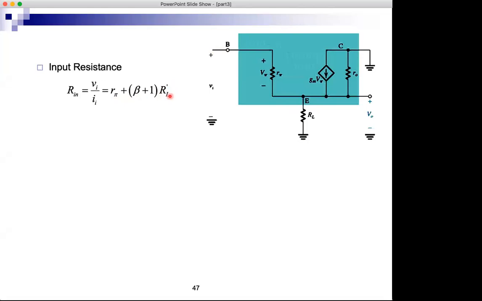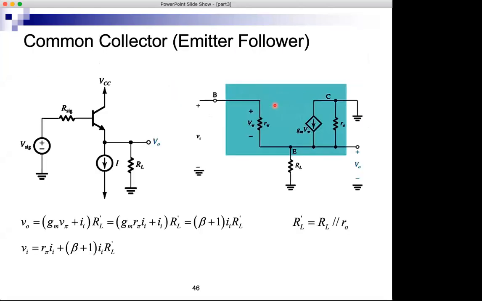The voltage gain, again, let's go back to the previous slide. We have here, once I take RO and put it in parallel with RL, the current gm V pi would flow in this resistor, but this is not the only current that will flow here.